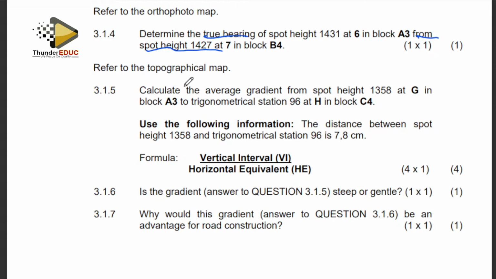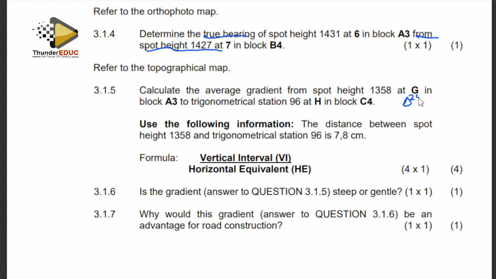All right. Then we come here, refer to the topographic map. We go to the topographic map, capture the average gradient from the spot height 1358 at G in block A3 to the trigonometrical station 96 at H. So now here they use trigonometrical station. Now some learners confuse this. If they say trigonometrical station, the symbol is like this.